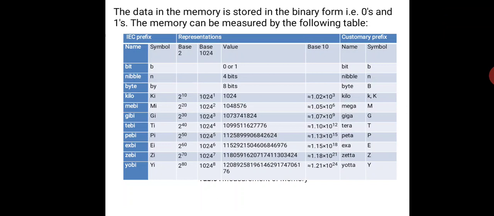Kilobyte: 1024 bytes equals 1 KB. Next one is megabyte: 1024 kilobytes equals 1 MB, 1024 MB equals 1 GB, 1024 GB equals 1 TB, and so on. Exabyte also, this is the highest capacity in the memory structure.